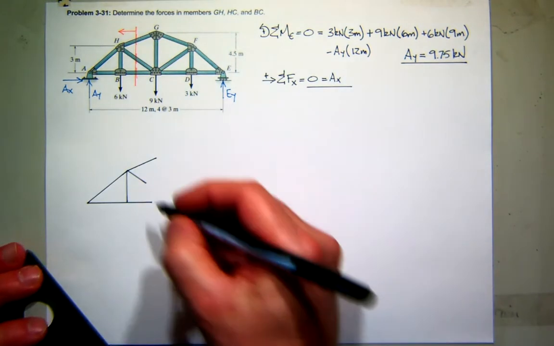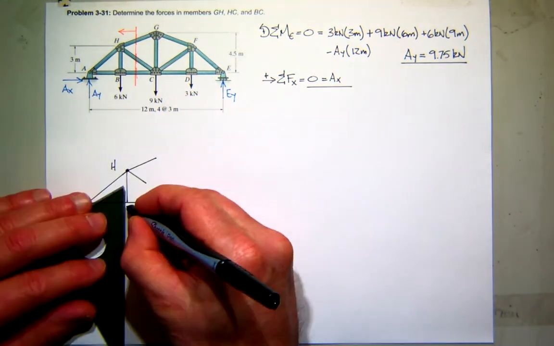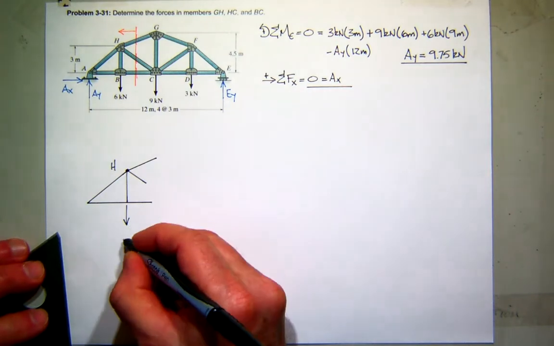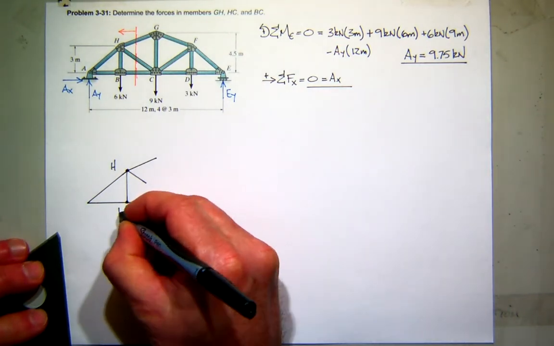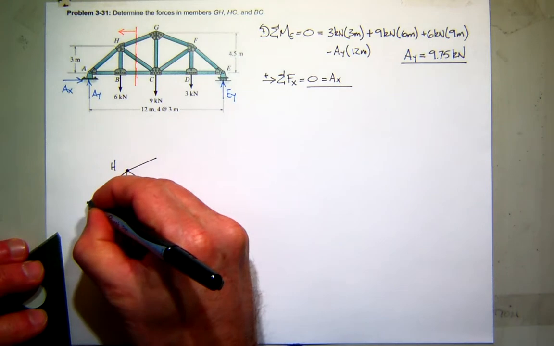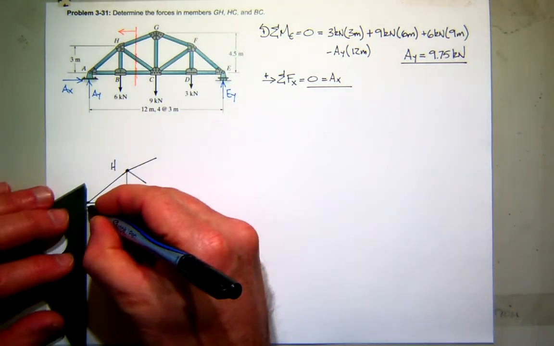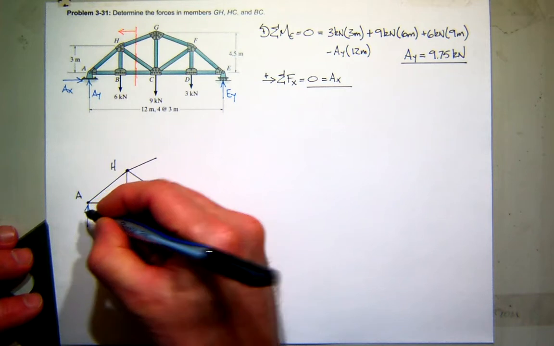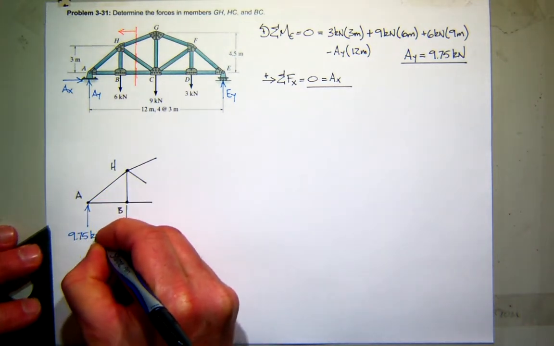There we go. So I've got H. Got an applied force of 6 kilonewtons there at B. At A, I have my reaction force, which I just solved for, of 9.75 kilonewtons.